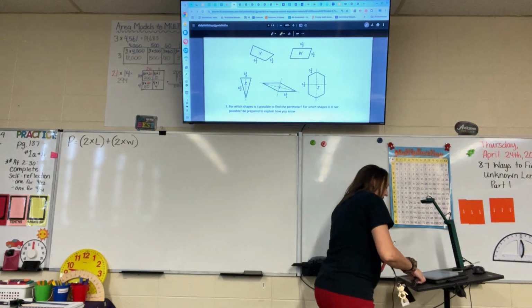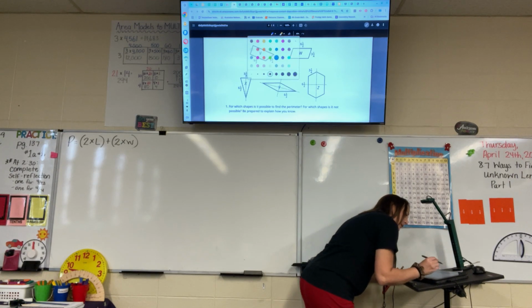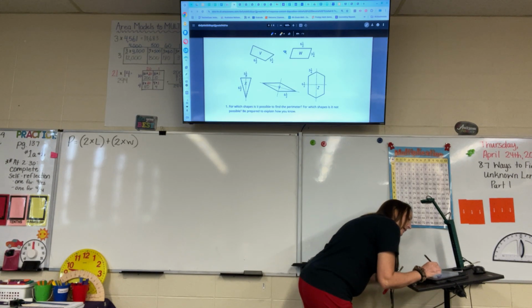So let's write in the missing values that we know. So we're going to do 3 1/4, write this down, 6 1/2, 3 1/4.